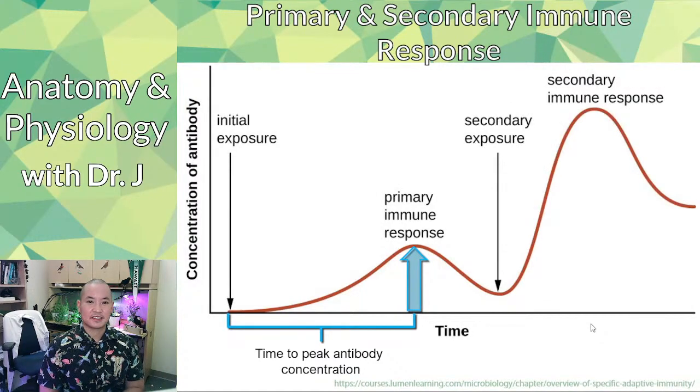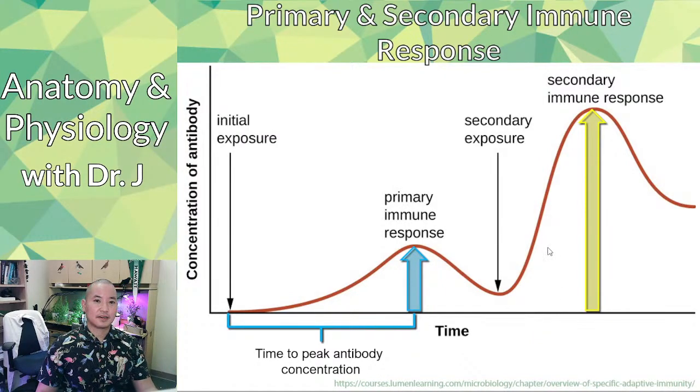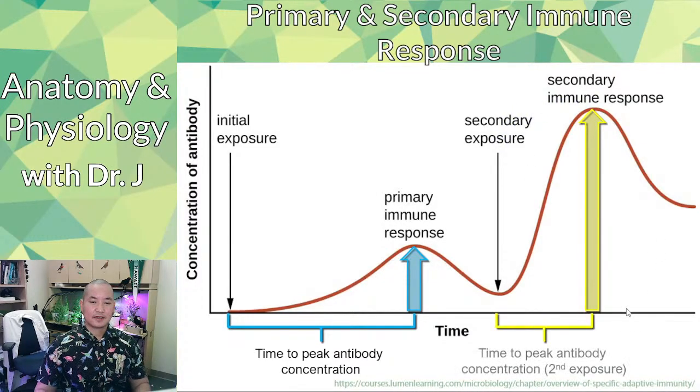But when you have a secondary exposure, what happens? Notice the secondary immune response, and the y-axis here is the concentration of antibody. You're actually going to produce even more antibodies, and look at the time between exposure and the peak immune response. Notice that it's a shorter time. And why is that?